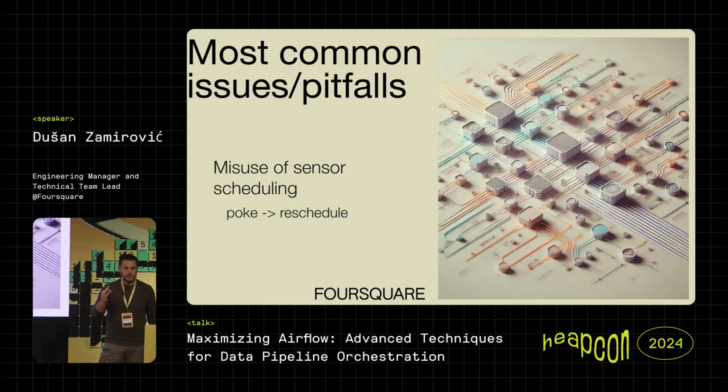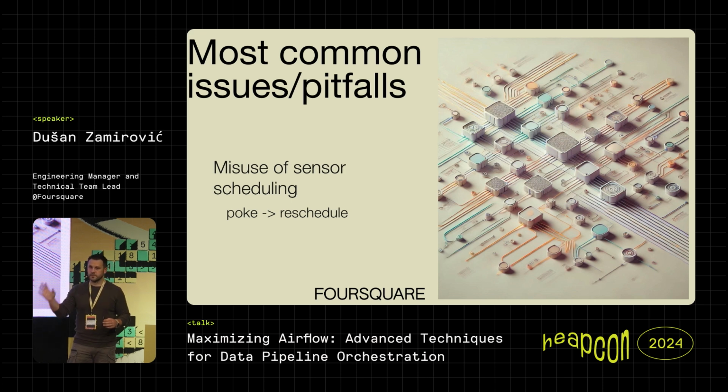Then, misuse of sensor scheduling. What is an Airflow sensor? An Airflow sensor is a specific type of operator which is basically waiting for something to become true. I would say the simplest explanation of the sensor is when you are waiting for some resource or, let's say, a file to become available in some location in S3, for example.